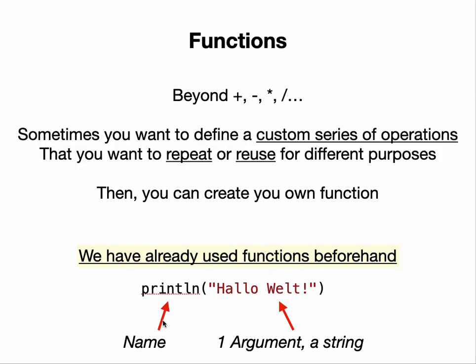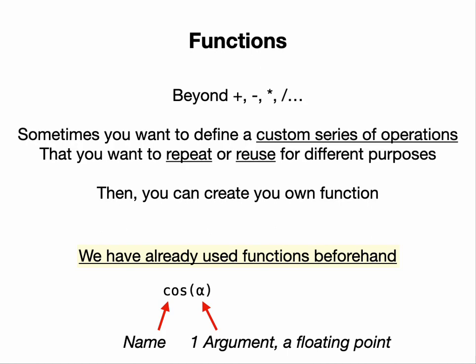So this function println takes one argument here, a string. When we were drawing a lot of circles and ellipses, we've been using cosine, sine, tangent. These are all functions, so that's the name of a function, cos. And here there's one argument, a floating point, an angle.